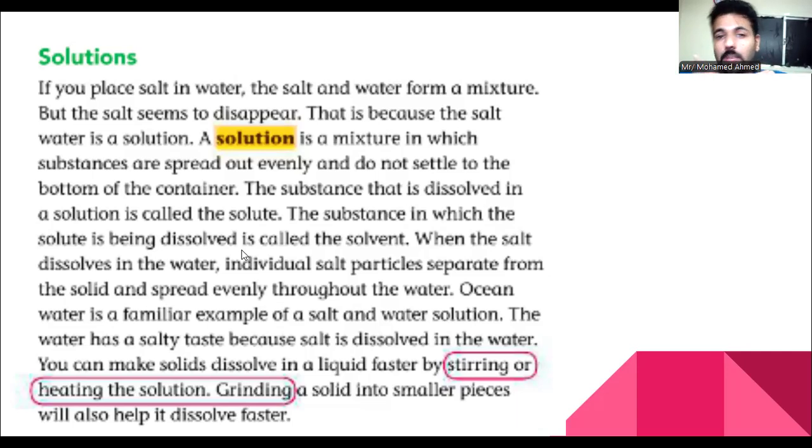And the soup is what? Solvent. Great job. Perfect. So again, the solute is the substance that you dissolve, like sugar or salt. And the solvent, like water, milk, or juice, is the substance that you dissolve the solute inside.